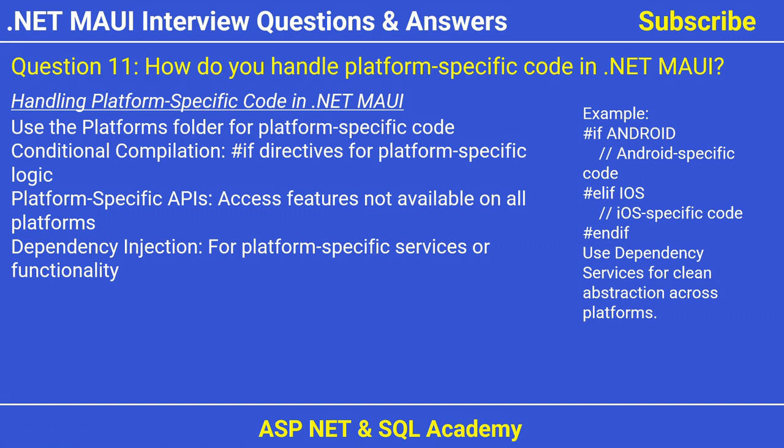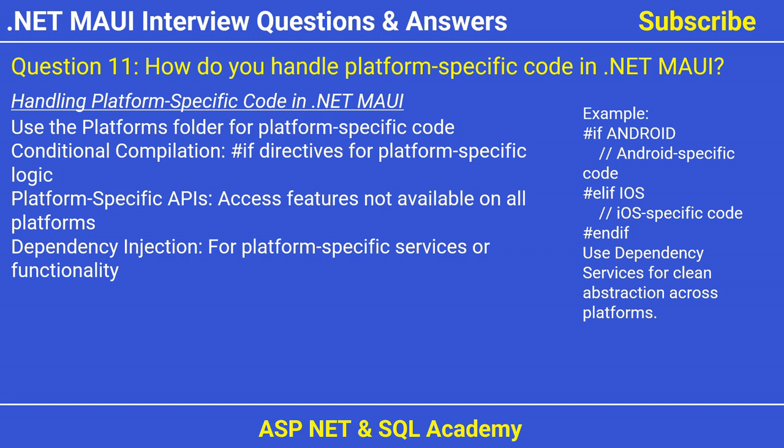You can also use conditional compilation with the #if directives to include platform-specific code. For example, if it is Android, Android-specific code. If it is iOS, iOS-specific code, like that.